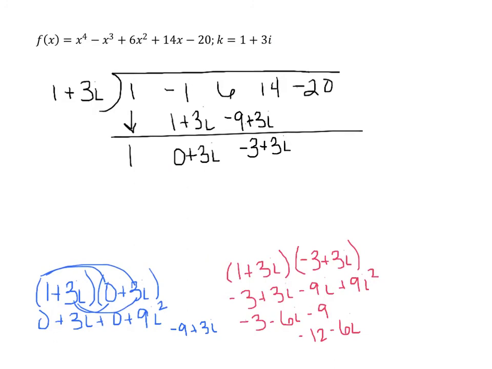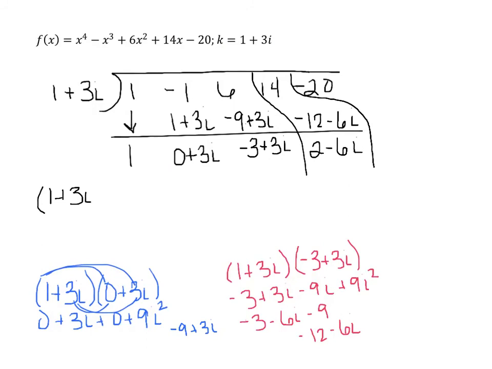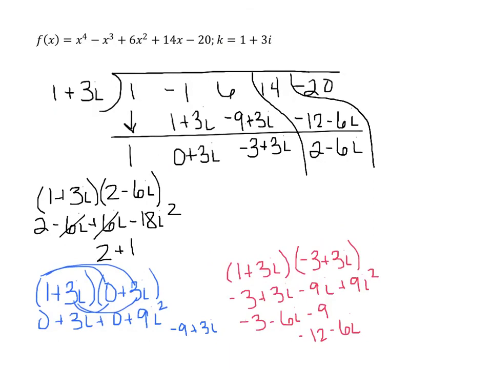This 14 becomes negative 12 minus 6i. And I'll multiply those. So that's 20.